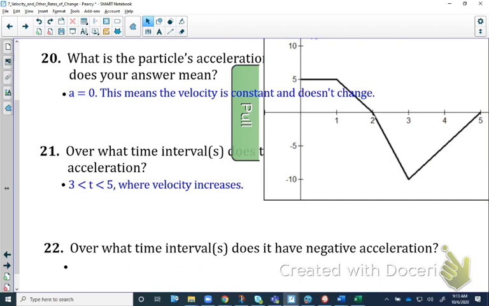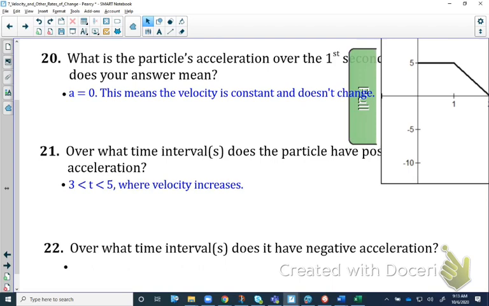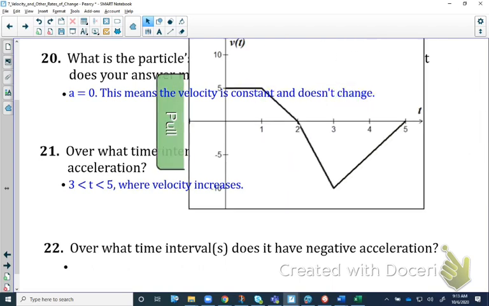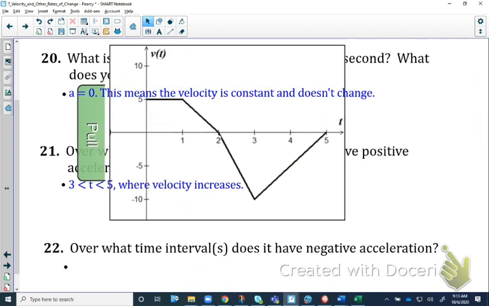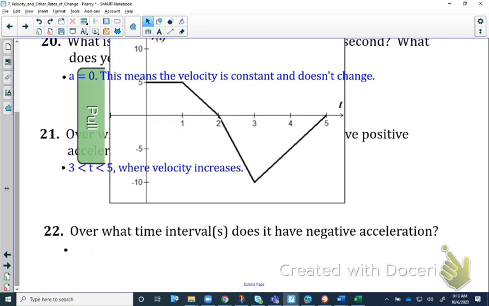Pardon me, I misspoke. I'm not talking about same signs. But when we have positive acceleration, that's where we're looking at the slope of the lines again. So the only slope of the velocity function that has a positive value is between the 3 and 5 seconds or units of time that we have on the graph.